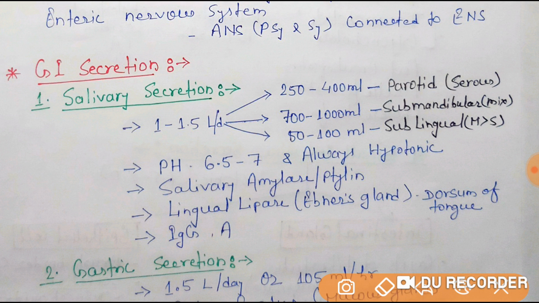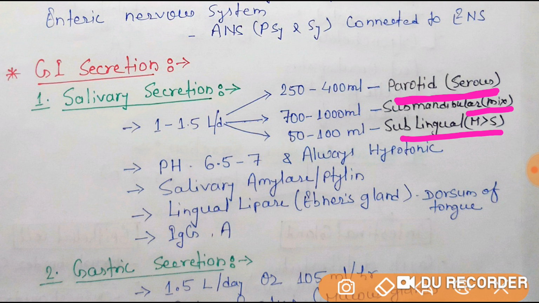The parotid gland is purely serous, the submandibular gland is a mixed gland, and the sublingual gland secretes more mucus than serous fluid. The pH of saliva is 6.5 to 7 and it is always hypotonic to plasma.